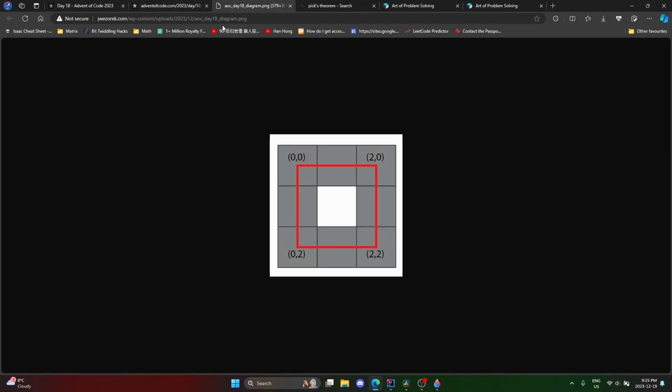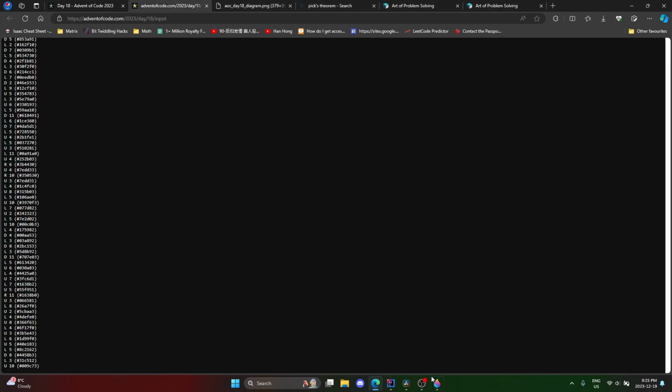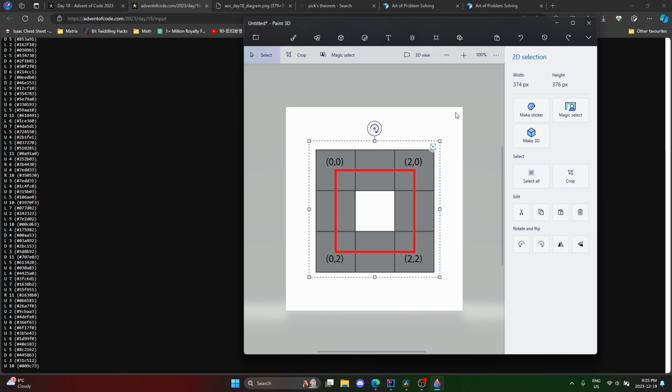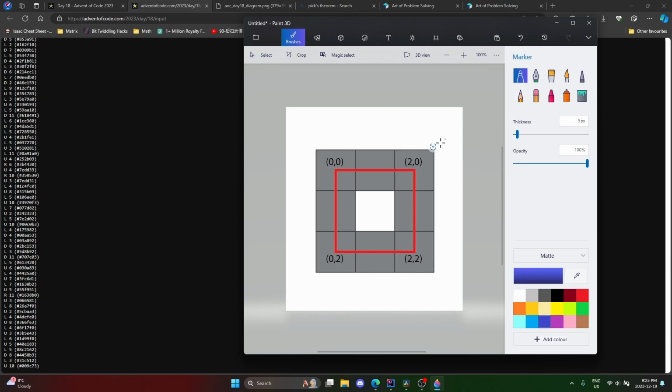So this is why it's called lattice. So what we have to do is mark this as 0, 0. Right? This is 0, 0. And when we want to move 3 units over, we do 1, 2, 3. So this is 3.